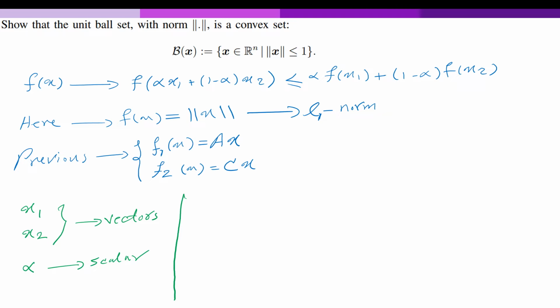Okay, so we say that for the first point we have L1 norm of x1 and L1 norm of x2 less than or equal to 1 again.